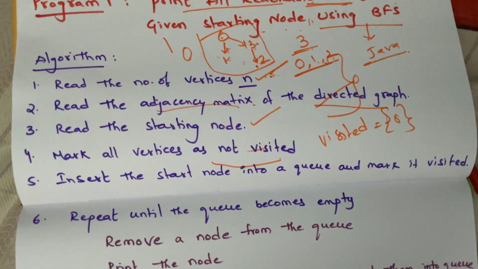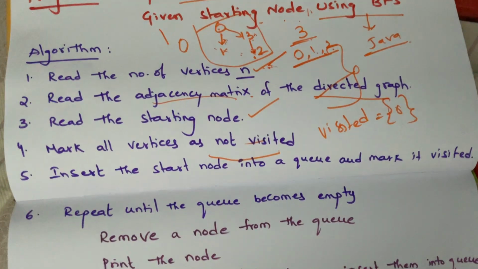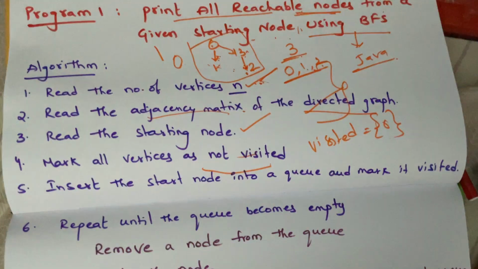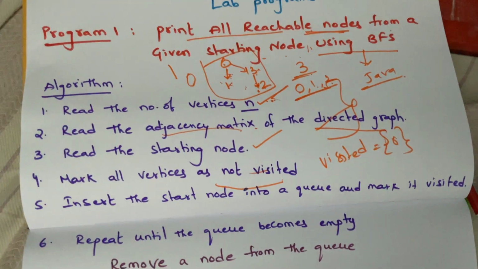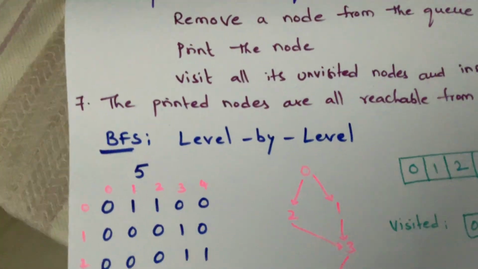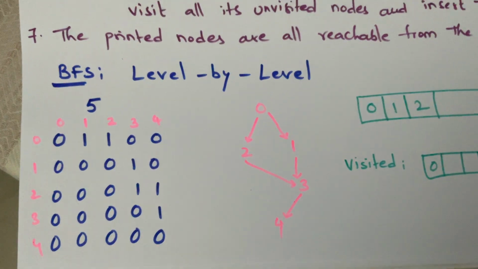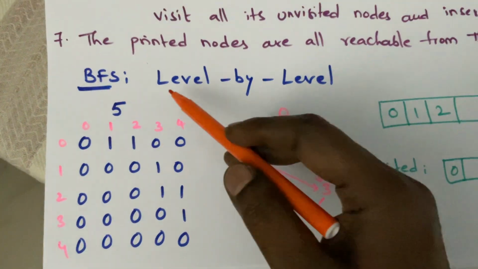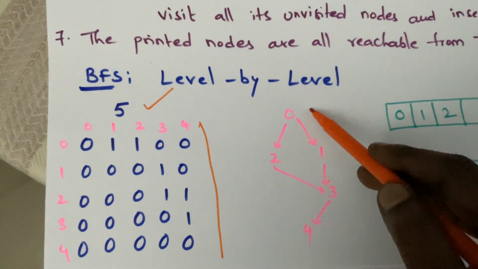Now what I have to do is retrieve the visited array with the visited vertex values. So initially how do I deal with this? Look at this explanation. Here 5 indicates the number of vertices, and this is the cost adjacency matrix for this graph.